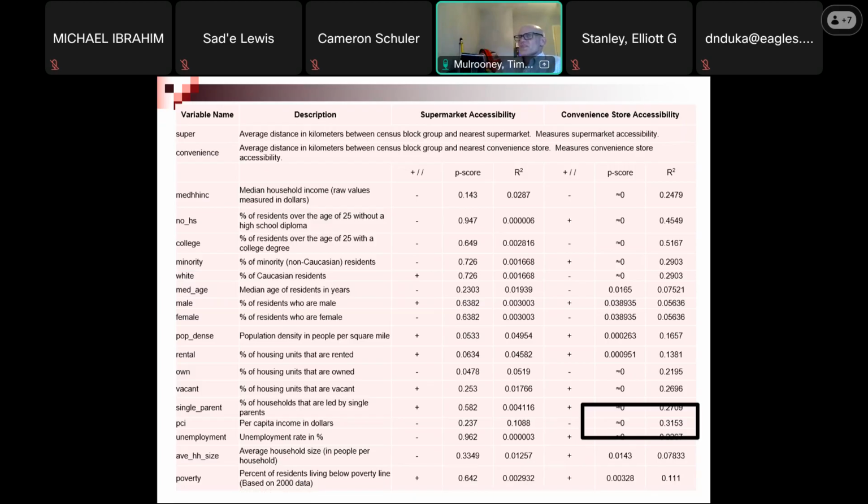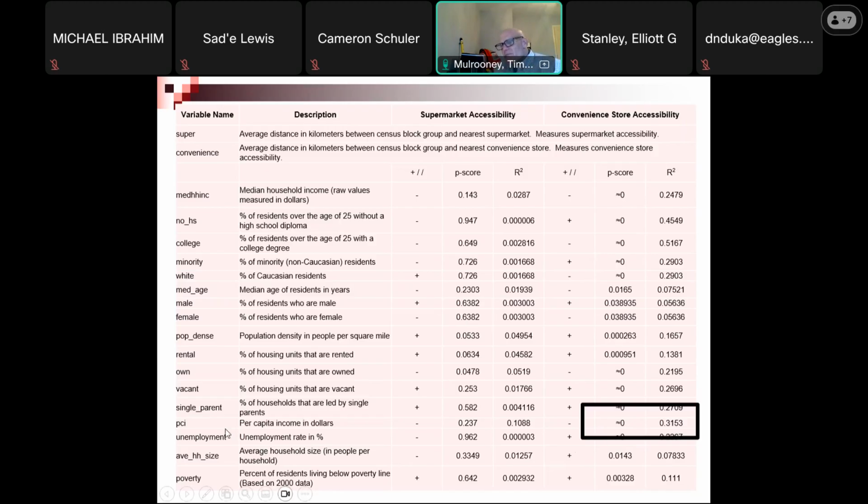And you can see with convenience store accessibility, as opposed to supermarket accessibility, there's a whole lot of positive correlations. I also put whether they're positive or negative correlations here, a whole lot of both positive and negative correlations attached to these.